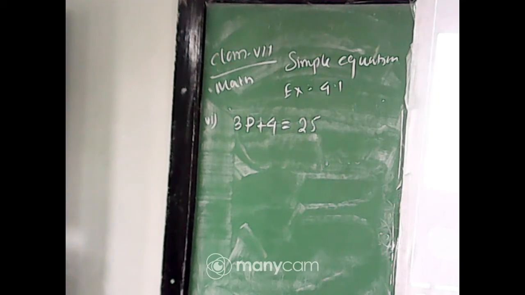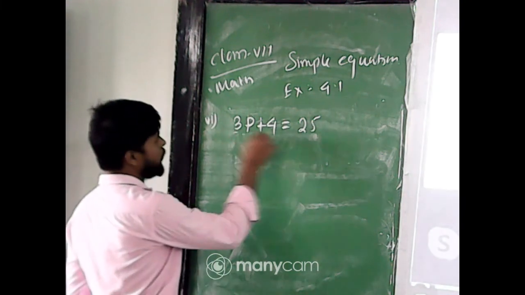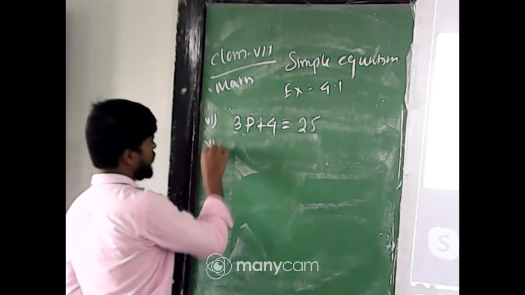Correct, Shashanko? 3 times of p plus 4 is 25. Pritush, you are also correct. Three times of p plus 4 is 25. Is that correct?